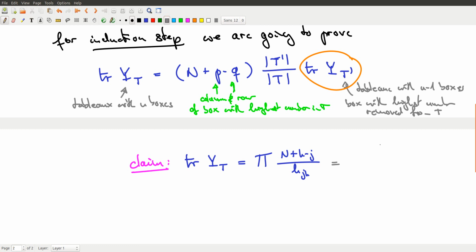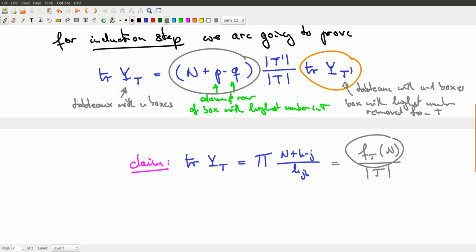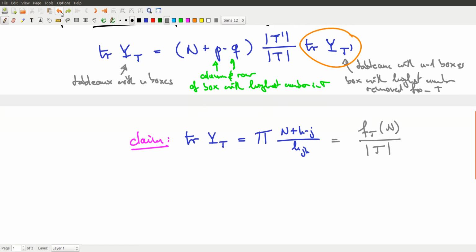So this is f_T(n), and this is the product of the hook lengths. So the T primes will cancel, and this here is just the missing factor if we compare this numerator for the diagram T and for the diagram T prime. So this recursion formula here would do the job.